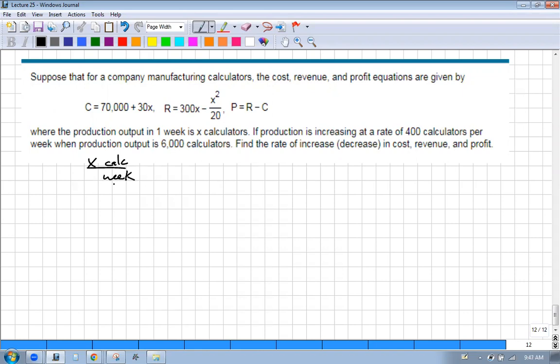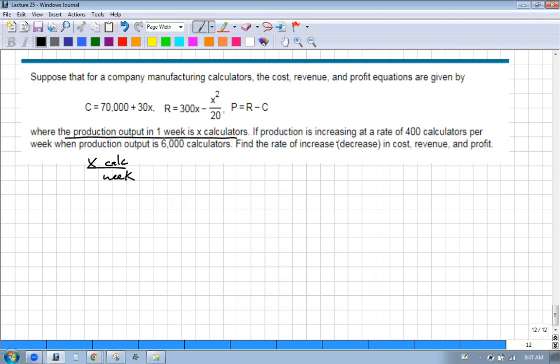What is that? That's going to be the change in something. That's a derivative right there. We need to write that down. What is that? The quantity, right? Well, X is the quantity. Let's move on. We'll come back to that if we need it.